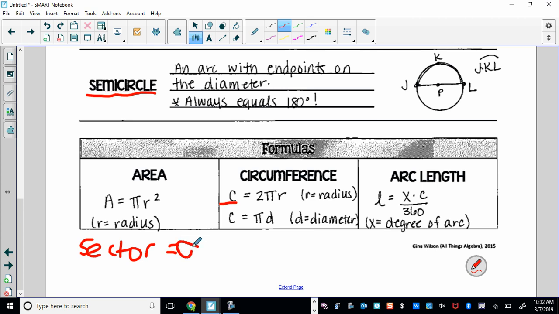So A equals the same formula, but the only thing is it's going to be X times big A, which is the area of the circle, divided by 360. But we'll talk about this more. I just want to add it into the formula.